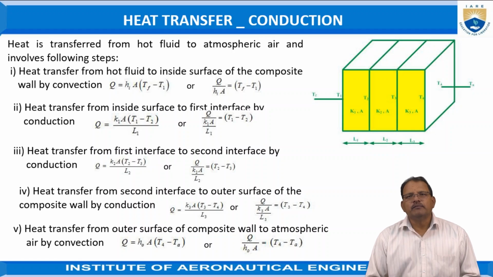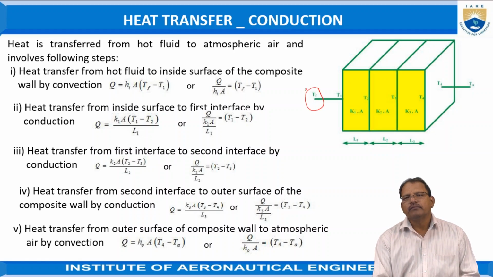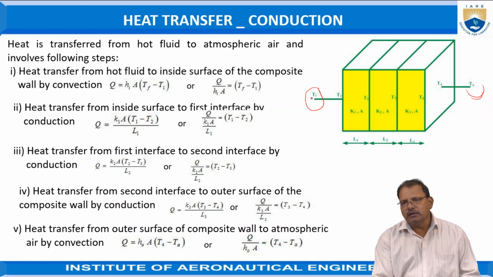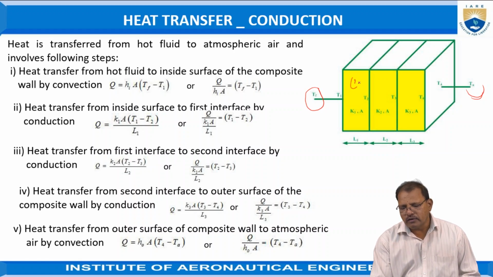The heat transfer from hot fluid to the atmospheric air involves the following steps. Heat energy flows from the hot fluid to the outer surface, between the hot fluid and the air, through the slab which consists of 3 layers, 1, 2, 3.